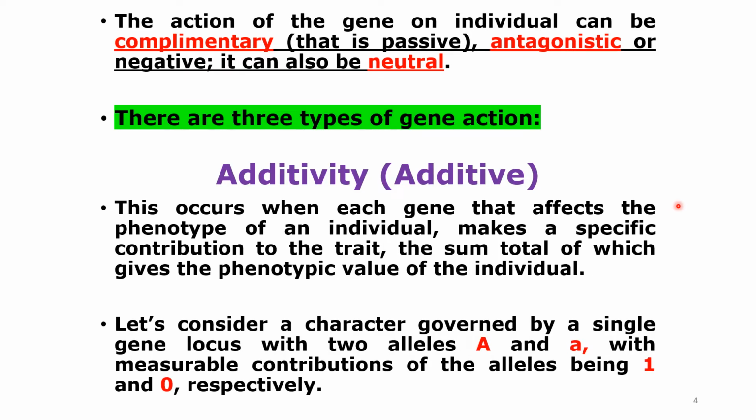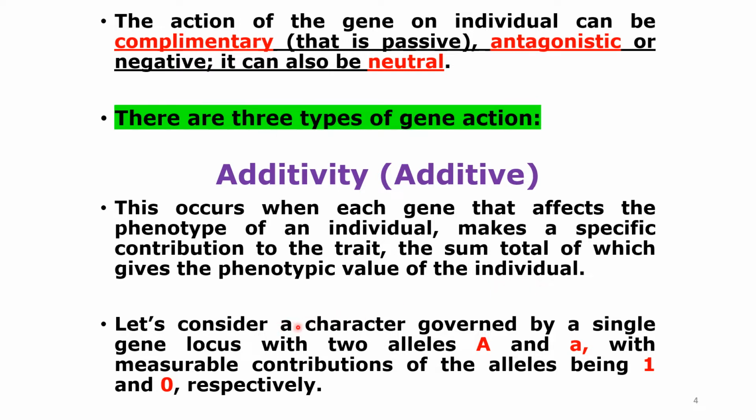So what this means is that every gene adds something to the phenotypic value of a trait. This addition could be positive, which means it is complementary, it could be antagonistic, which means it is negative, and it could also be neutral.